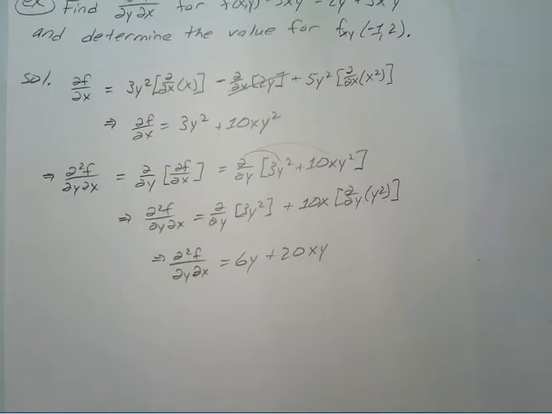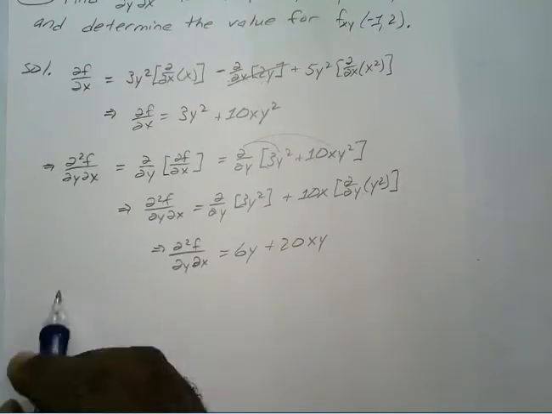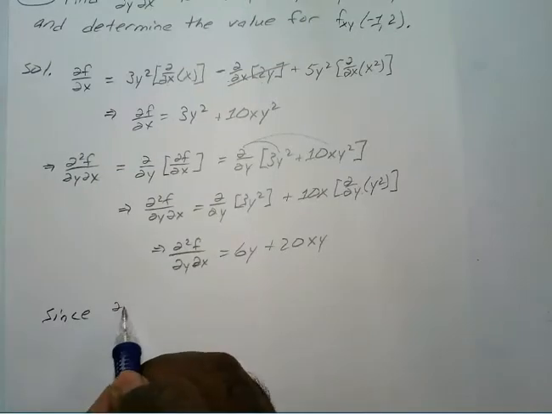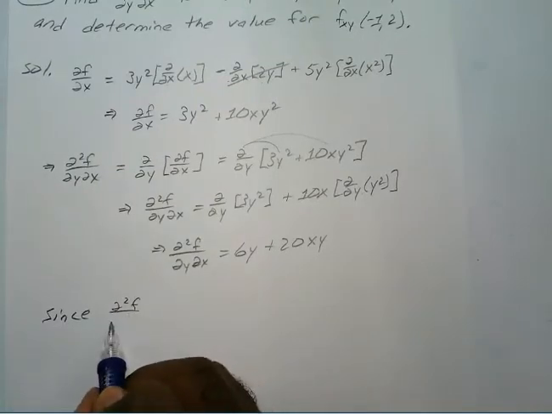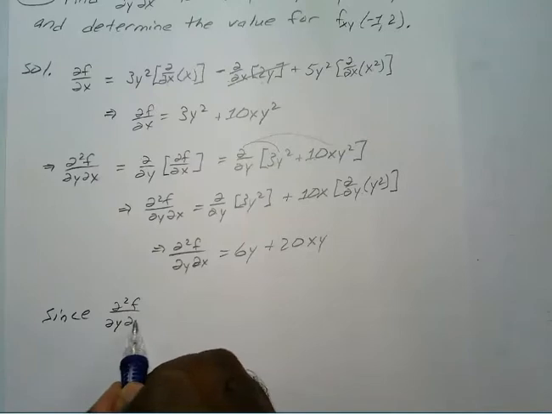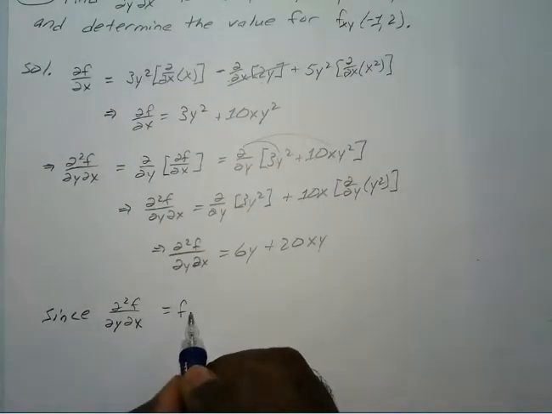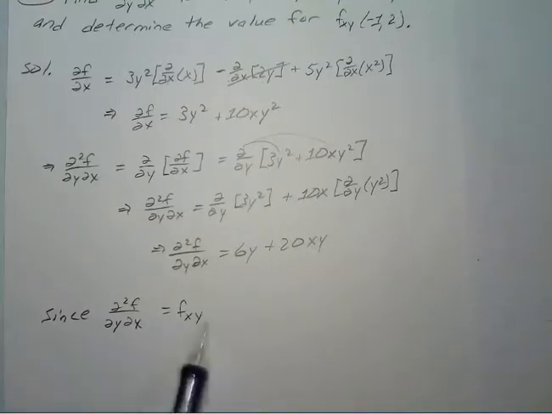All right. So we know that the second derivative of f with respect to x then y is the same as saying the partial with respect to x then y. Those are the exact same.